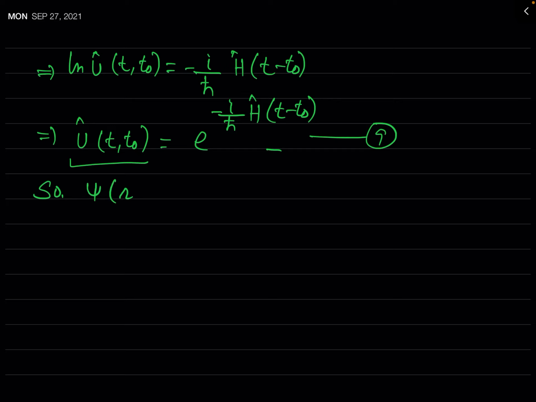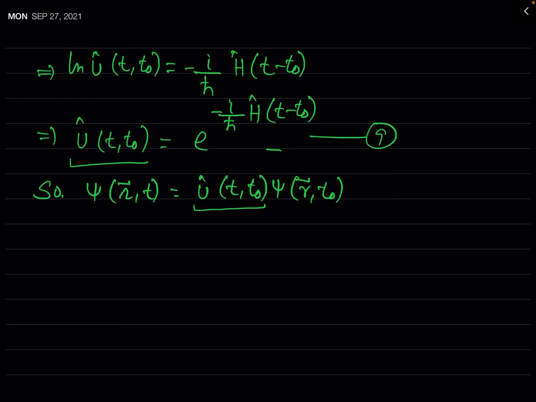As we know, psi(r, t) is equal to U hat(t, t0) operated on psi(r, t0), as you have seen in the first equation.